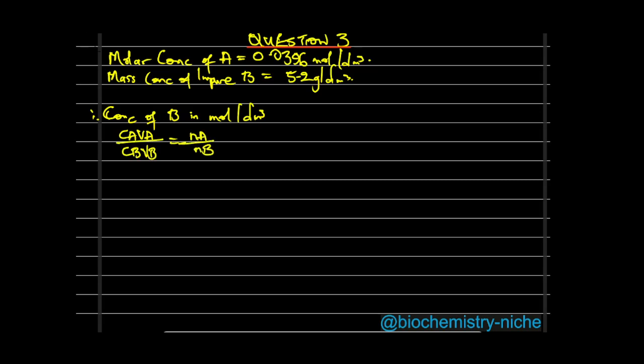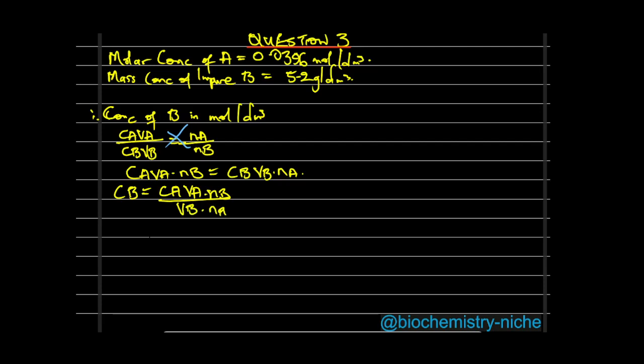As usual, we cross multiply, so we'll be having CAVANB equals CBVBNA. We are looking for the concentration of B, so CB equals CAVANB divided by VBNA. That is what we'll be having.